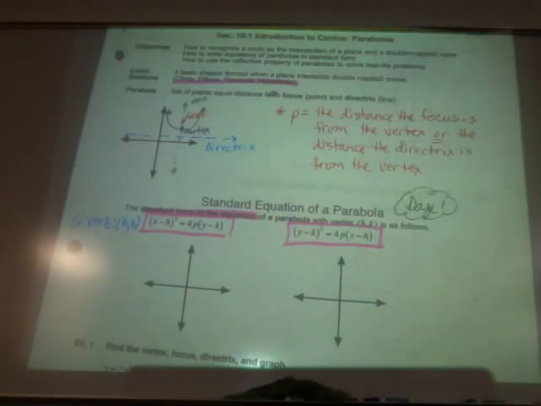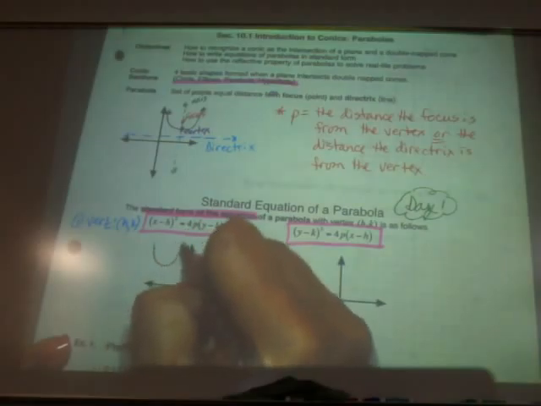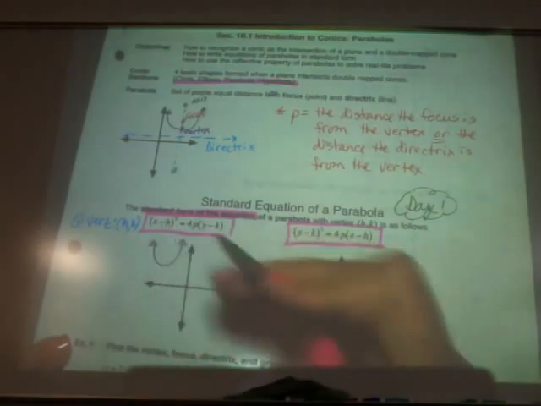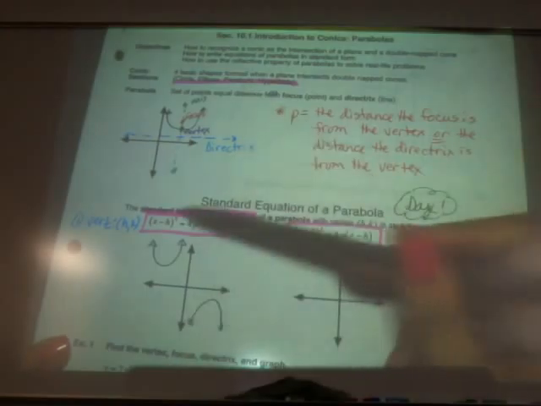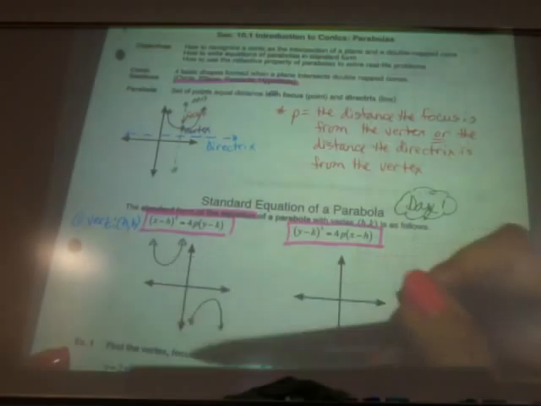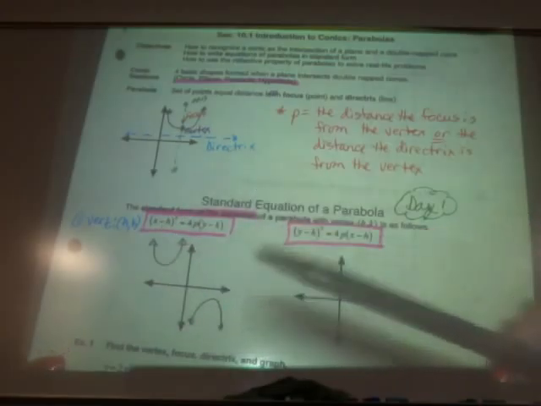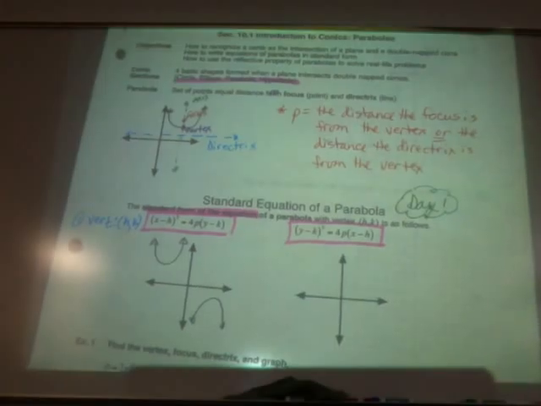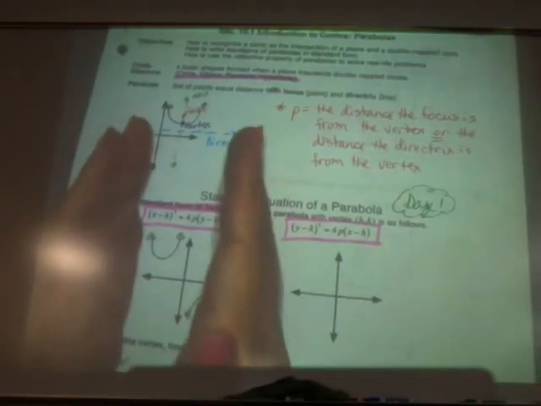Then it'd be handy to know if this opens up or down. So I'm going to go ahead and put one parabola here, opening up, and another parabola here, opening down. I know that this is a graph of a parabola opening up or down because the x is being squared. If the x is being squared, take your hands and put them alongside either side of the x-axis.